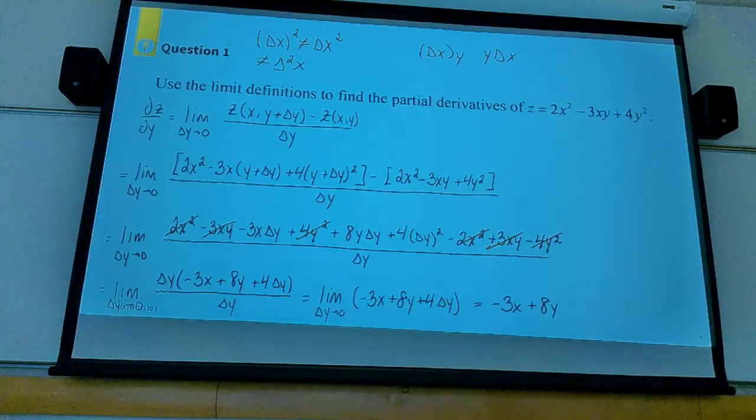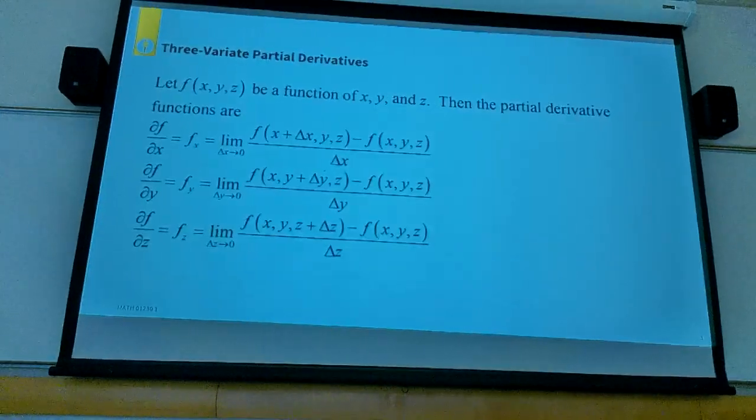Just like Calc 1. Those definitions get hairy real quick. All right, that two-variable function we just looked at was real simple.